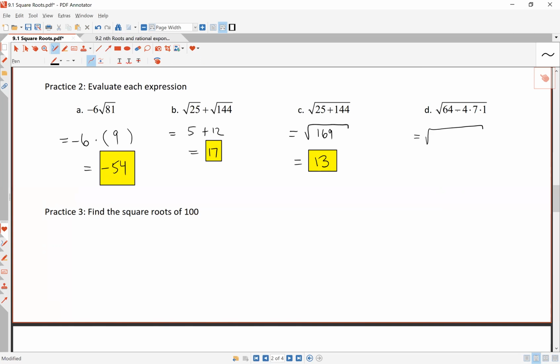The square root of 64 minus 4 times 7 times 1, that's 64 minus 28, and so that gives us the square root of 36, which is 6.